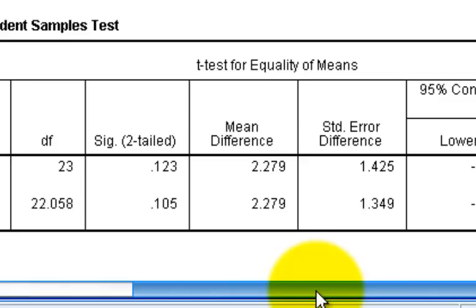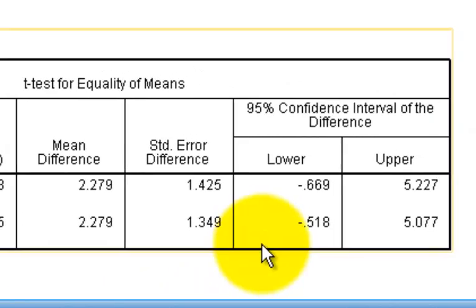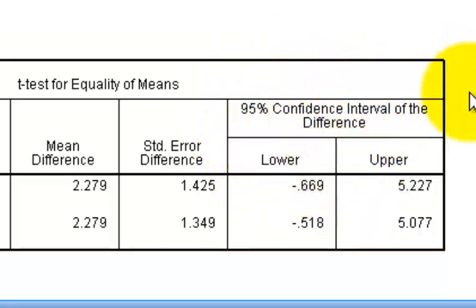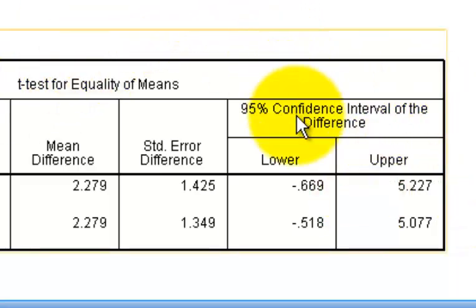And here's another way to know when to reject the null hypothesis. If your confidence interval, which is where you're trying to trap the true mean difference between the groups, has a 0 in it somewhere, remember you just look at this as a number line. Negative 0.669 is on the left of 0, and 5.27 is on the right of 0.